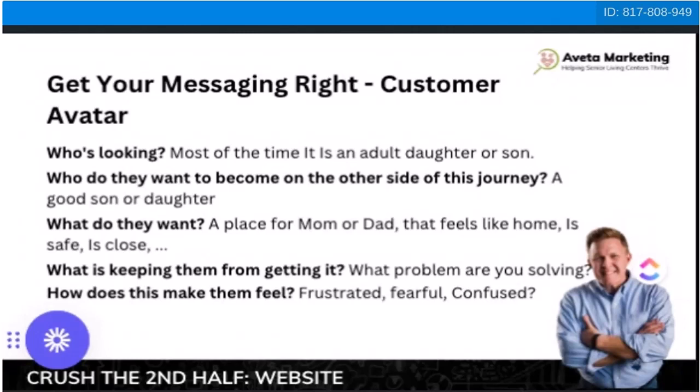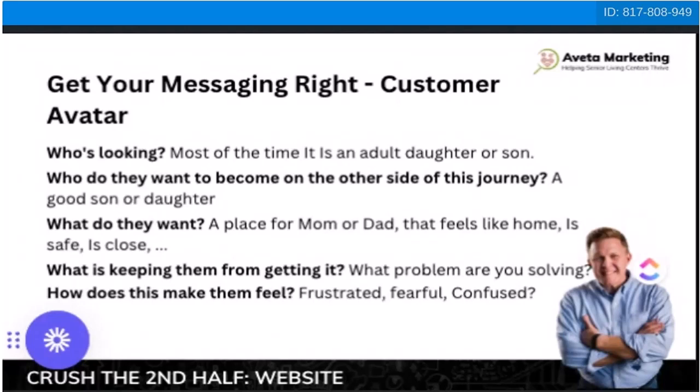So they know that your avatar is an adult son or daughter who's looking to help their parents. Many, many times, the majority of the time, that's what your avatar is. And then you go a little deeper, right? Once we know that, that's great. But who do they want to become?